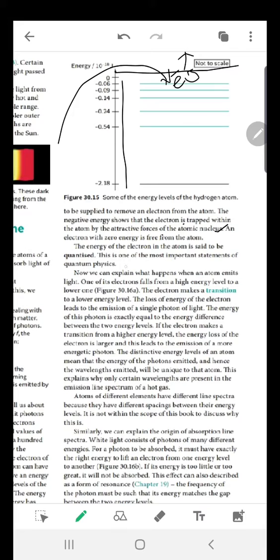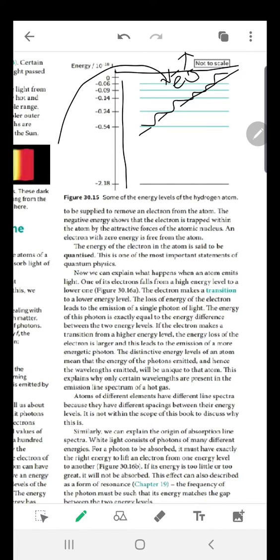Okay? The energy of the electron in the atom is said to be quantized. This is the reason why we say it's quantized. There are certain levels, okay, and we want to go over here to another level. So whenever we are talking about levels, we are actually talking about quantization, okay.